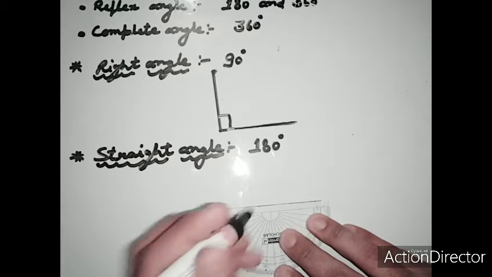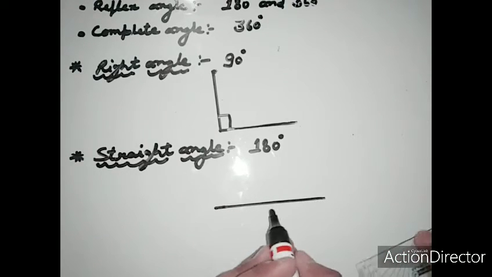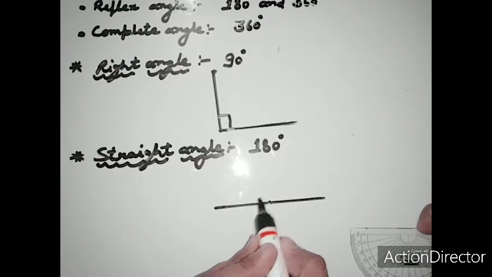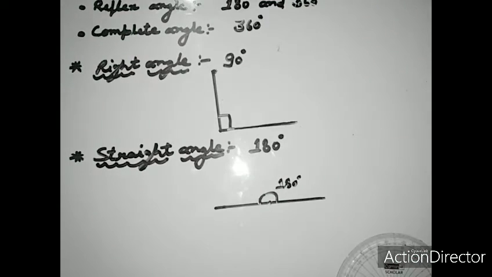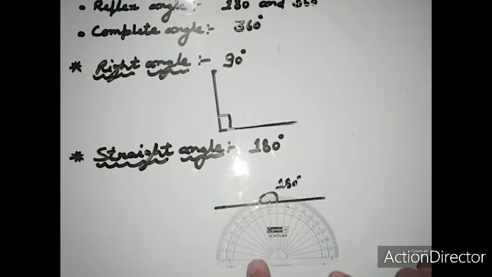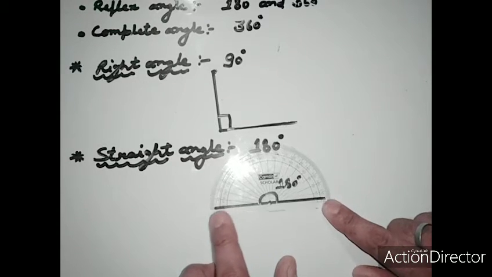Now how we draw a straight angle? So here we draw a straight line, right, and here we put one point. So this angle is known as 180 degree. We also check the degree of this angle. So here we put this protractor on the line, and here it is exactly 180 degree.